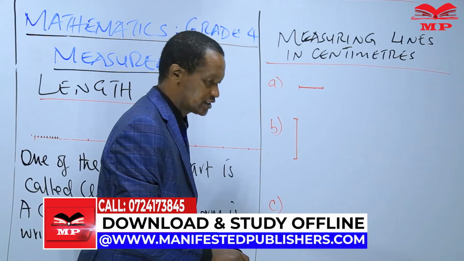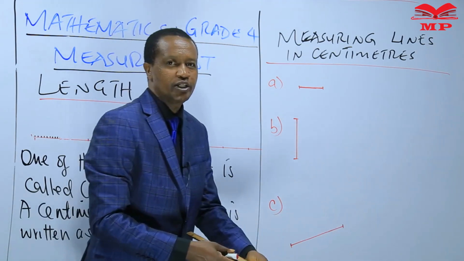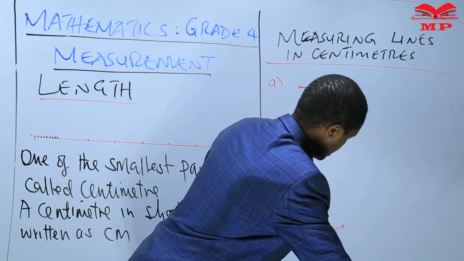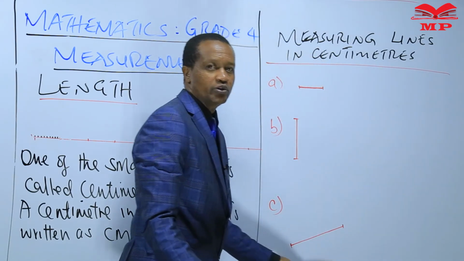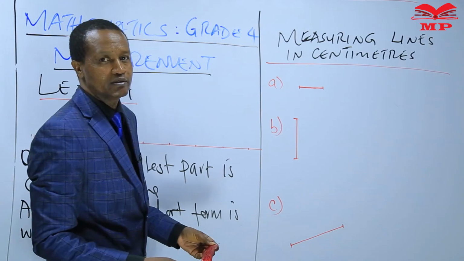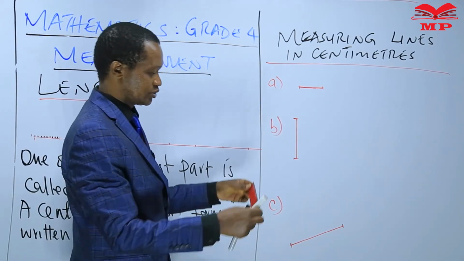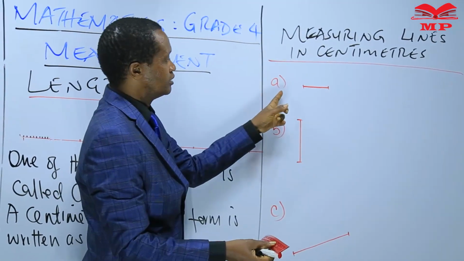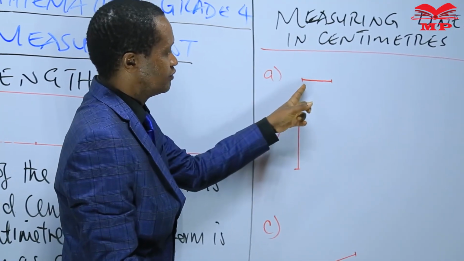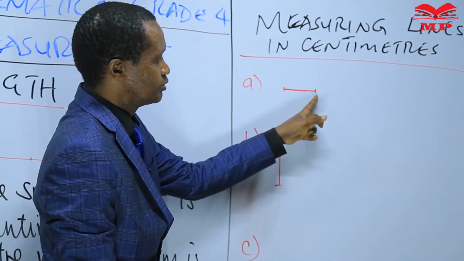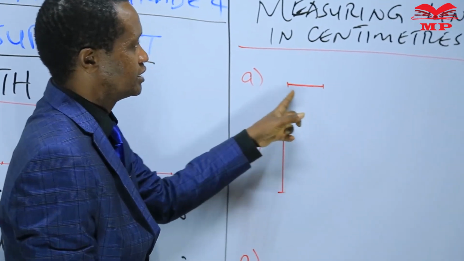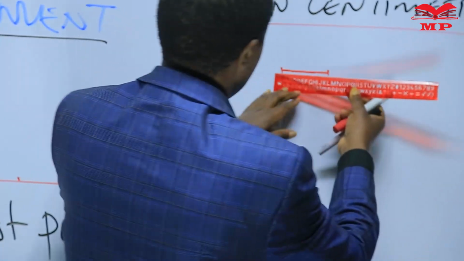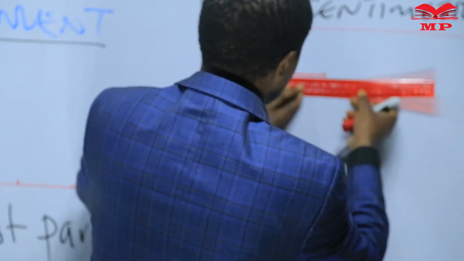I've said when measuring short lengths, we use centimeters or a 30 centimeter ruler, okay? So let us measure the length from this point to this point of this straight line. I will put my ruler on the first part.